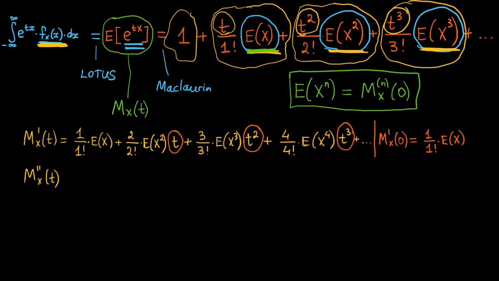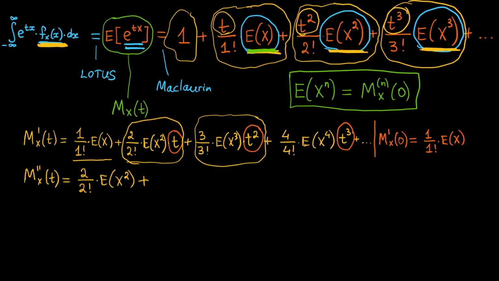Okay, now let's look at the second derivative of the moment generating function. The second derivative will be given by what? The derivative of the first term here will give us 0. For the second term, we'll get everything other than t, so 2 over 2 factorial times the expected value of x squared plus the derivative of this next term here with t squared will give us what?